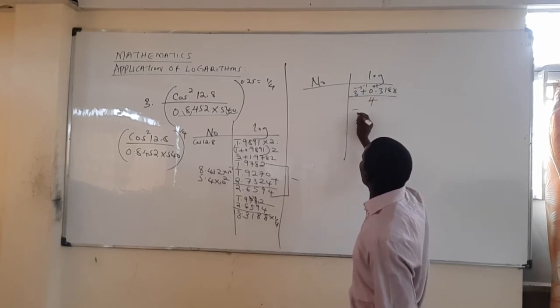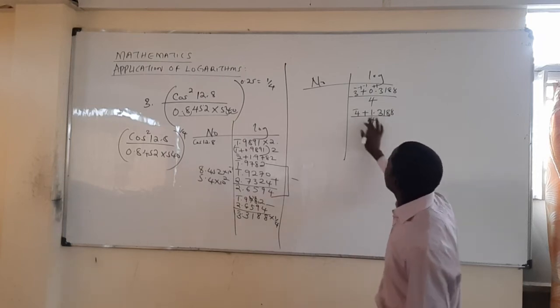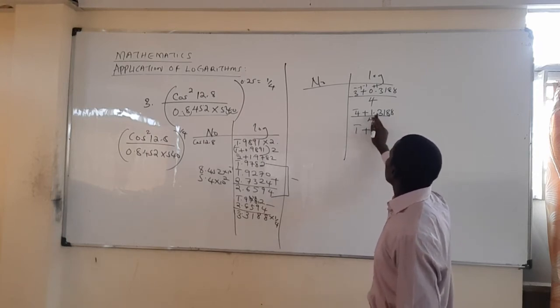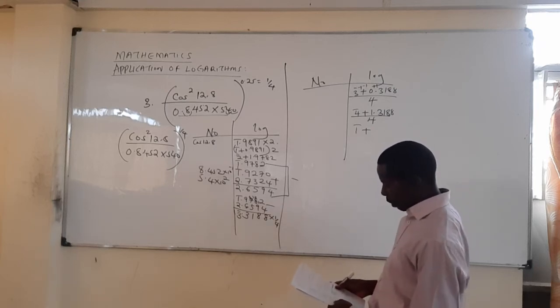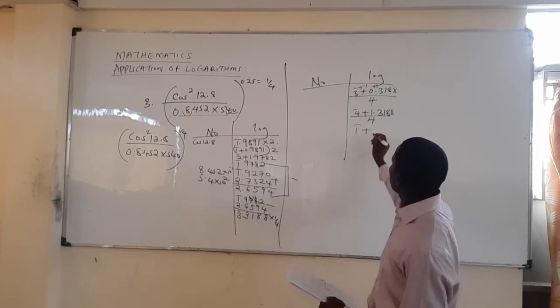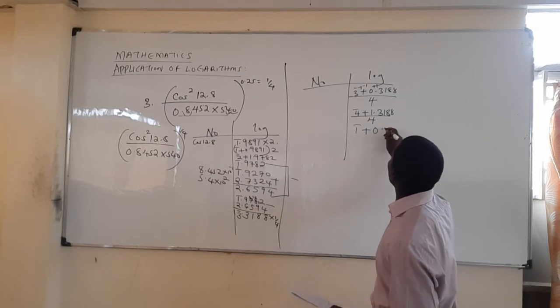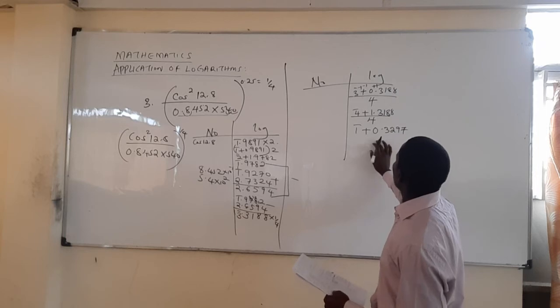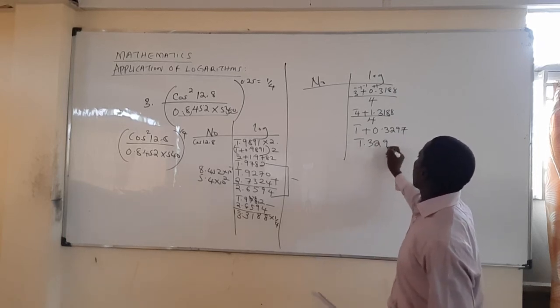So you're going to have bar 4 plus 1.3188 divided by 4. And when you divide bar 4 by 4, you're going to get bar 1 plus 1.3188 divided by 4, which gives 0.3297, and then we add the bar 2 to get bar 1.3297.